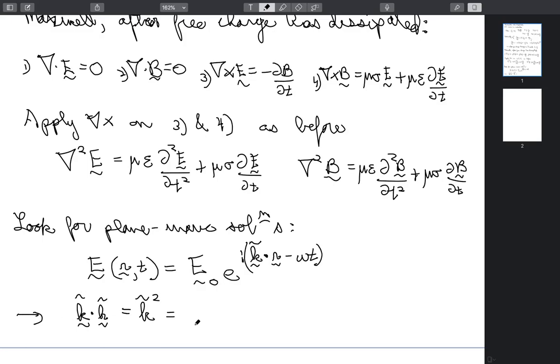So here I have mu times epsilon times omega squared. And now this one here would have a minus i omega, but then we take care of the minus sign. So here I have a complex number, an imaginary number, i mu sigma omega. Okay, so what that means is that the k twiddle is complex.